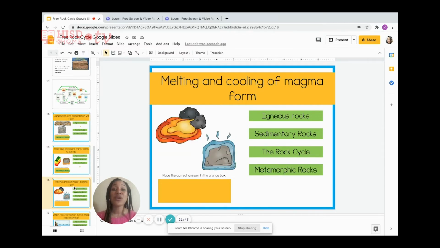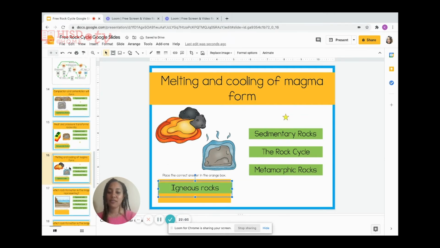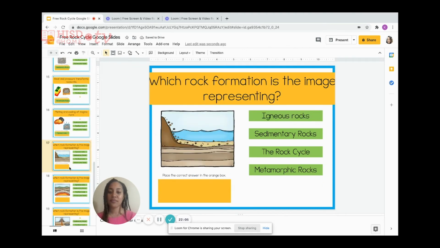And what about this one? If we melt and cool magma, what type of rock will be formed? Right. Once we cool magma, we're going to be able to form igneous rock. Which rock formation is the image representing?